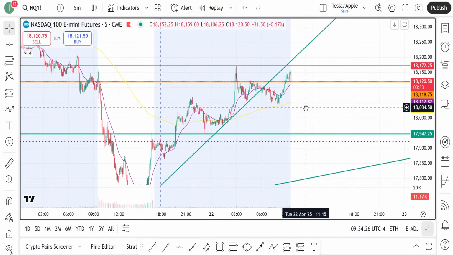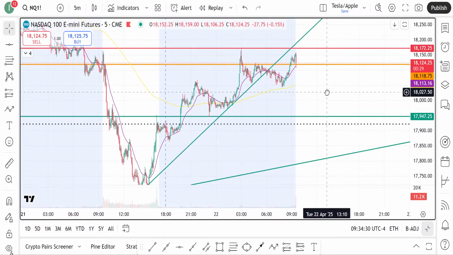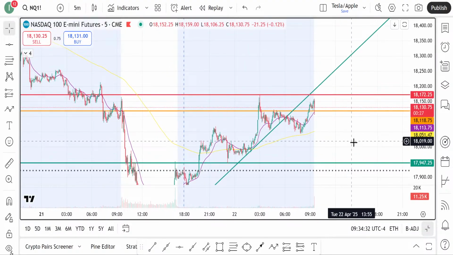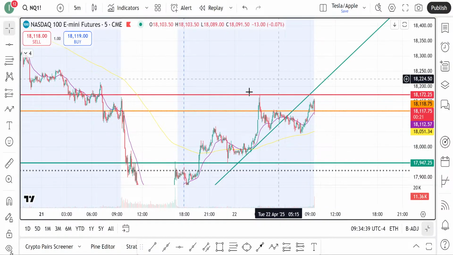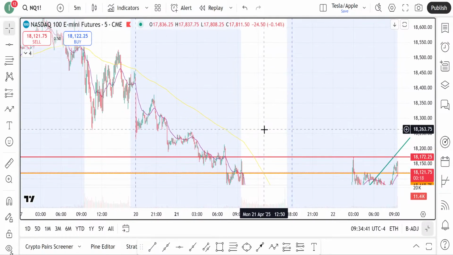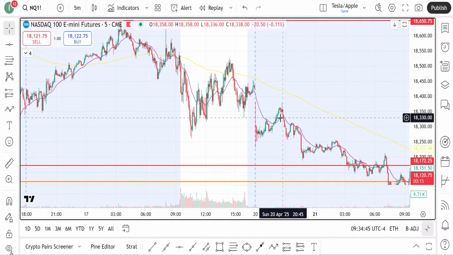Now we're just gonna wait and see what price wants to do. Let's see what else. We do have a gap right here.